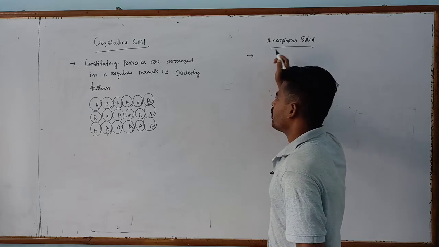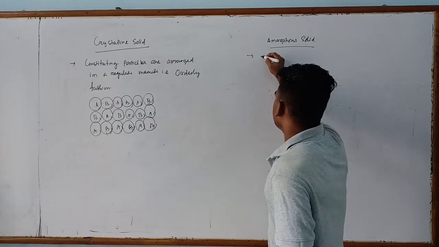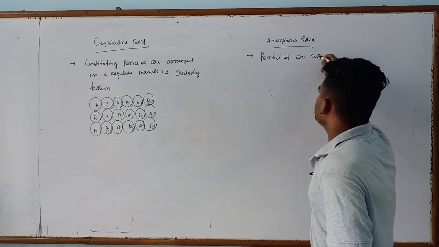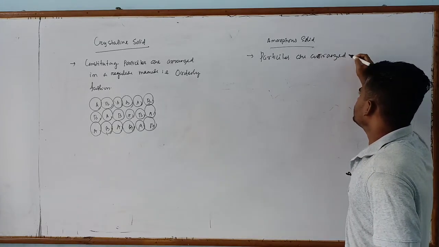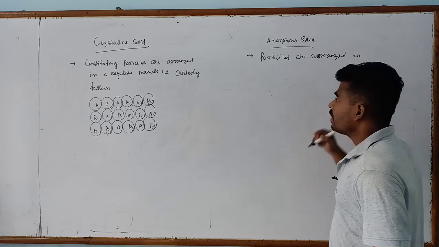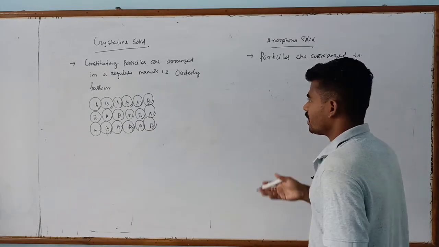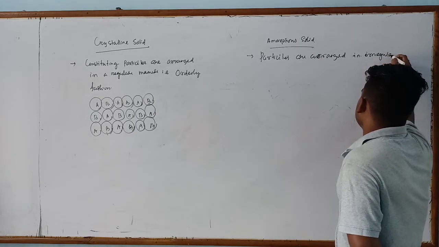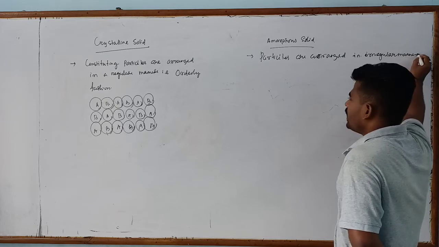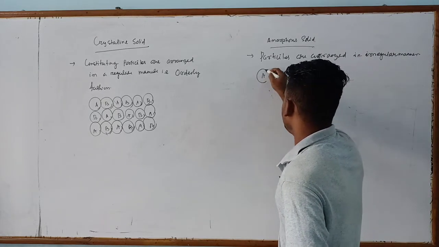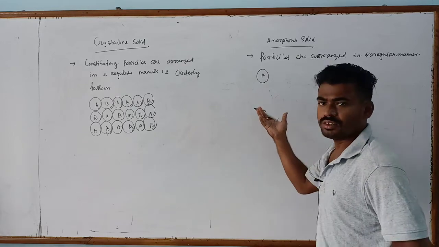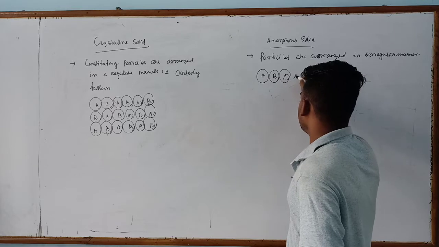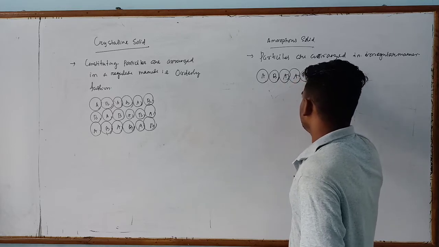Okay, so if I consider an amorphous solid, that means particles do not follow an orderly or regular manner. Particles are arranged in an irregular manner. That means here the arrangement can be A, we do not know what will come after A, let's say B, again A, B, very random arrangement.